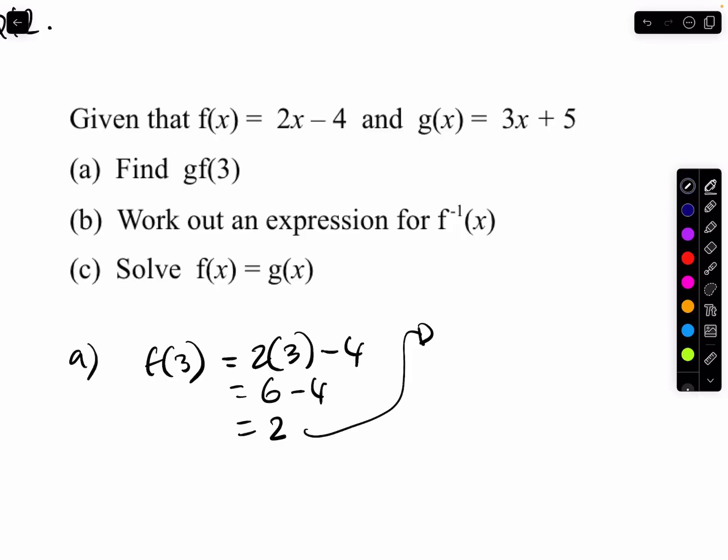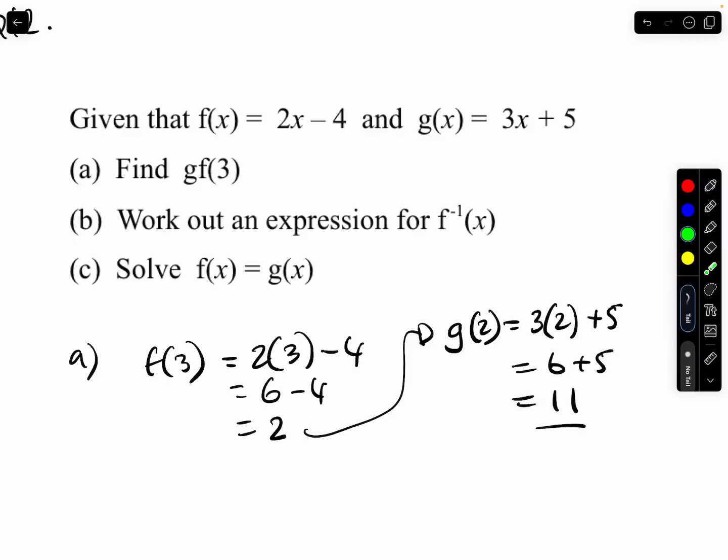So g of 2 is equal to 3 bracket 2 plus 5. That is 6 plus 5, which gives us 11. So overall, if I took a 3, put it into f, and then put the result into g, I get 11. Therefore gf3 is equal to 11.